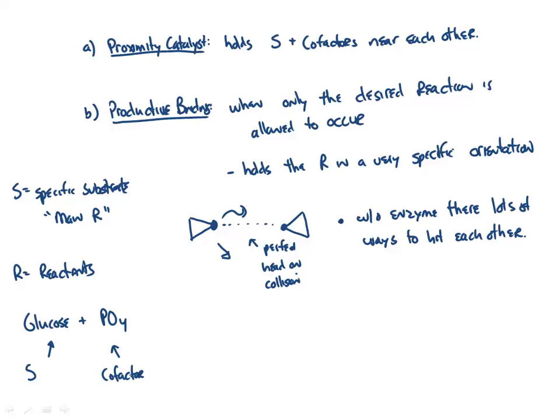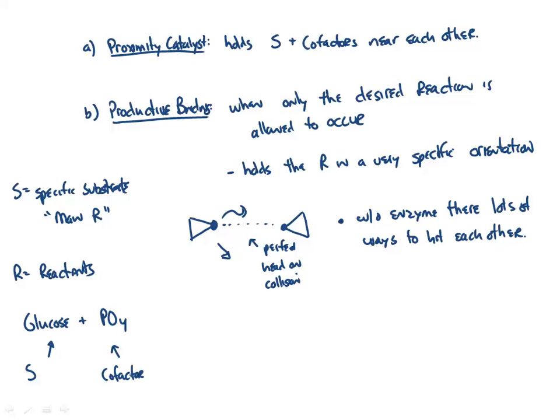One of the things that we're glossing over here in this idea of productive binding is that you certainly do need enough energy for the molecules to react. It's like, if two things bump into each other with very little force, not much happens. But maybe if they bump into each other with enough energy, that's enough to break a bond and to reform a bond.